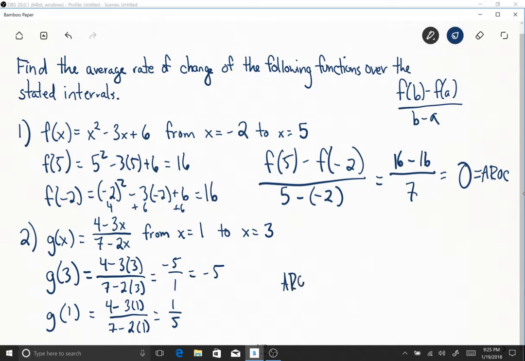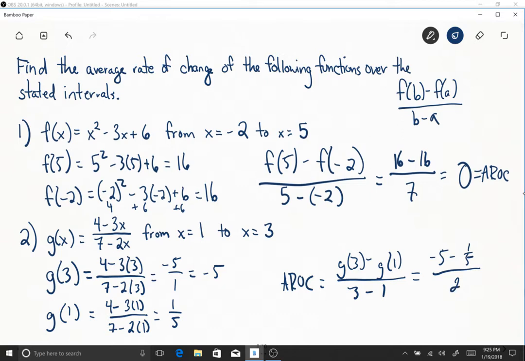So average rate of change equals g of 3 minus g of 1 all over 3 minus 1. And so that is -5 minus 1/5 all over 2.